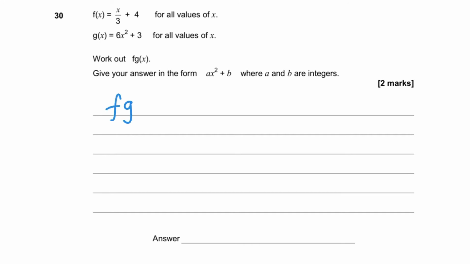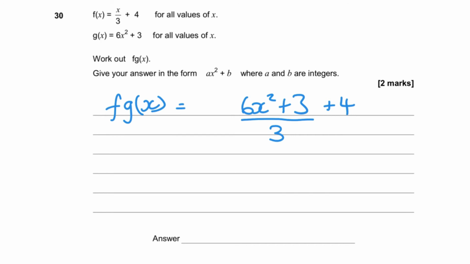So g(x) is 6x squared plus 3. Then after x has been through the g function, it's going through the f function. So we're going to replace the x in the f function with what's already happened to x. So x becomes 6x squared plus 3, divided by 3, plus 4.